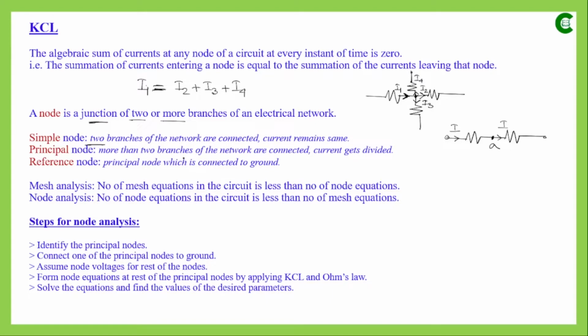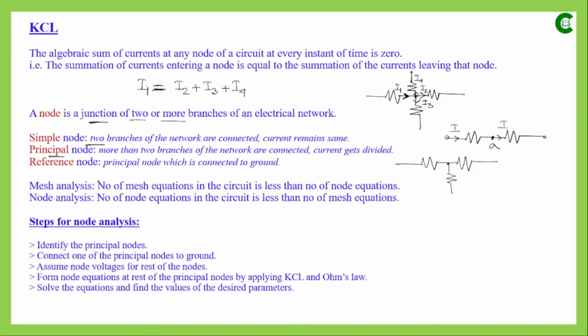But if we have a node where more than two branches of that network are connected, then that node is called a principal node. At a principal node, current does not remain the same through all the branches or components of the network. Current gets divided. That is the difference between a simple node and a principal node.